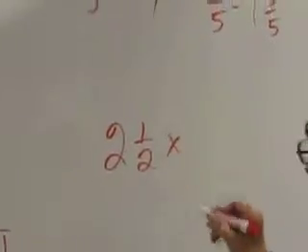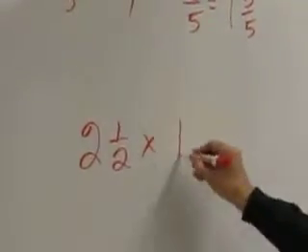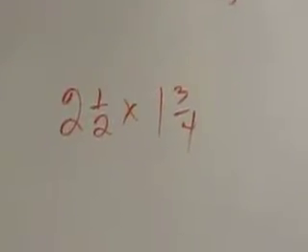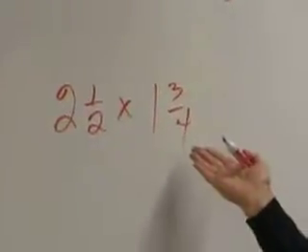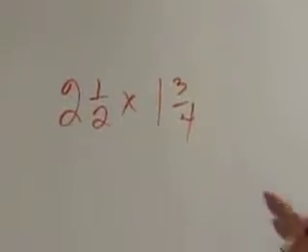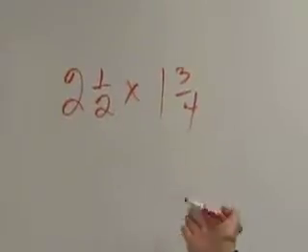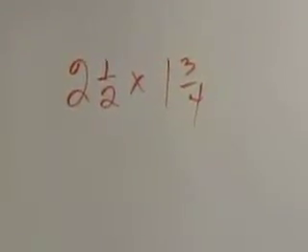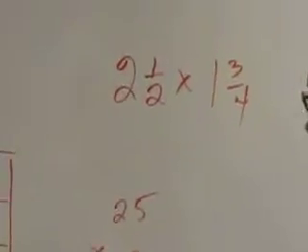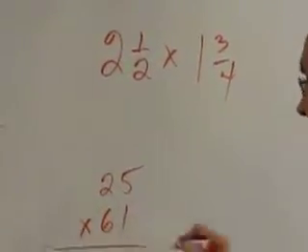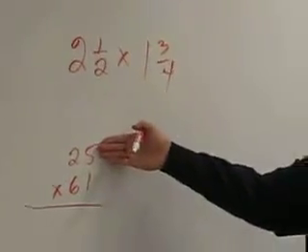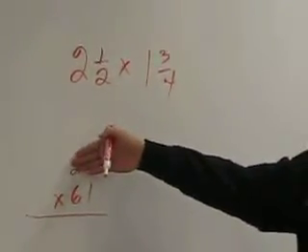Okay, so that kind of sets us up for doing a more elaborate, more complex multiplication of two rational numbers. Let's take 2.5 times 1 3/4. Now, first of all, recall back in earlier grades, grade 3, grade 4, if we had something to this effect, 25 times 61, basically the way we went about that was we multiplied the 1s times the 1s, the 1s times the 10s.